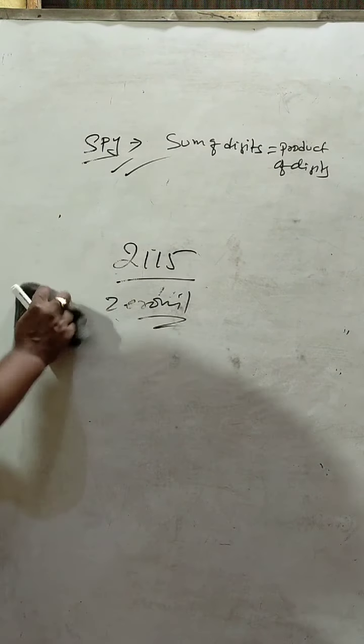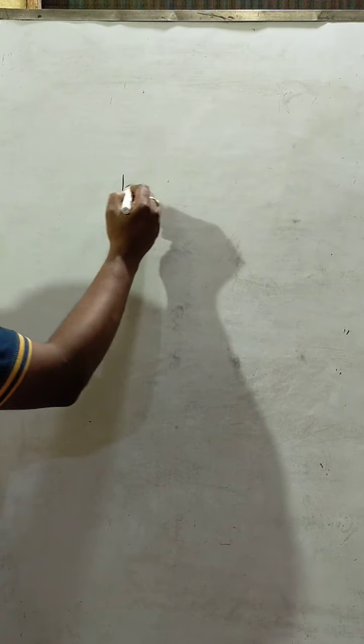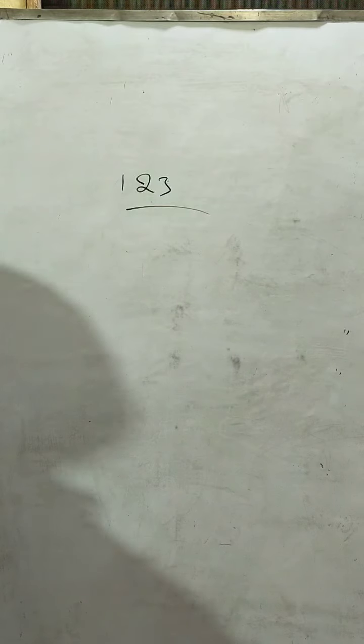Next is unique number. If all the digits of a number are different, there is no repetition of a digit in the number, that number is called a unique number. Suppose 123.